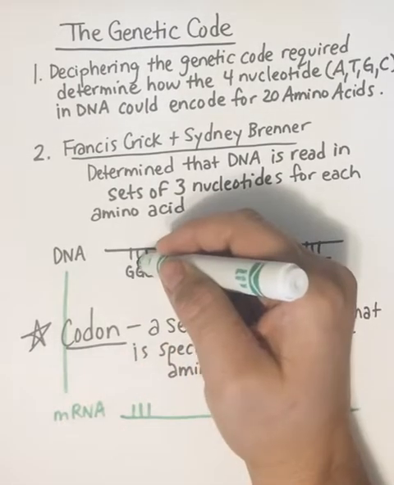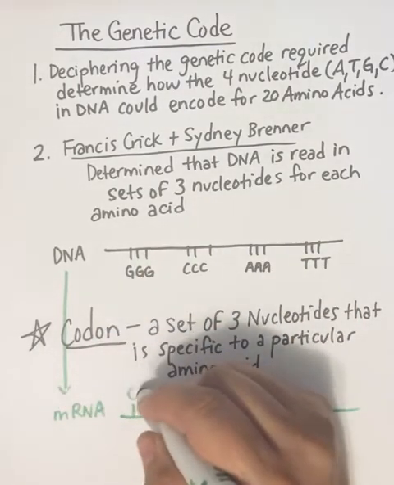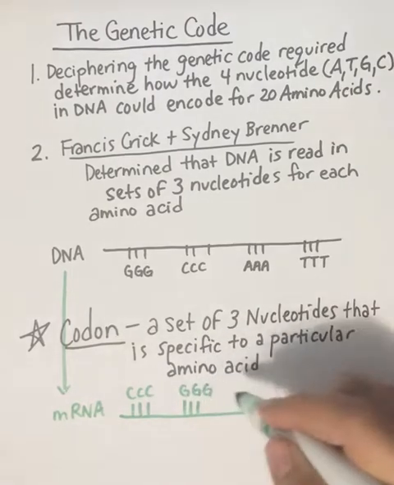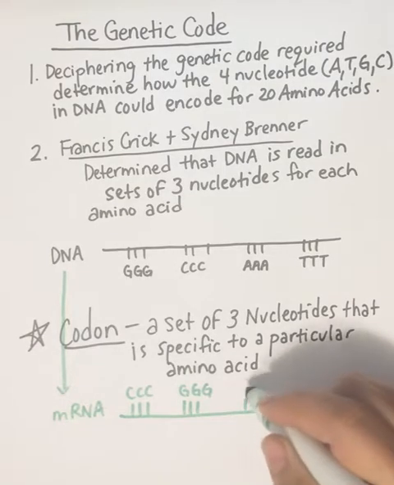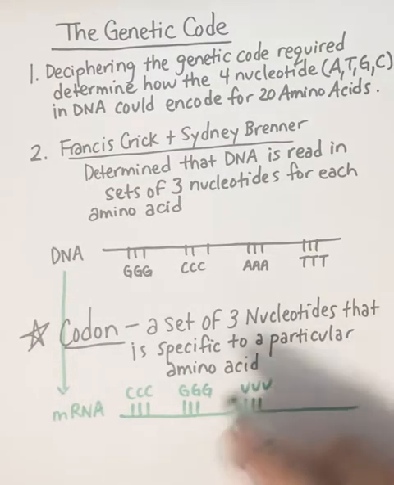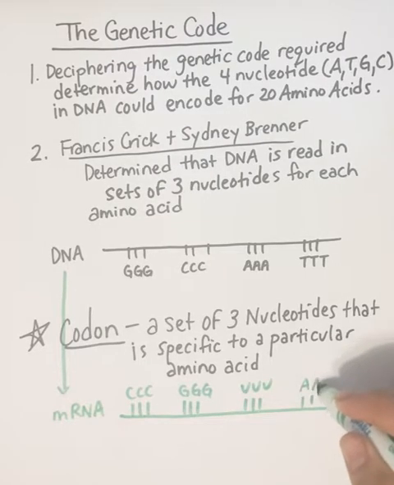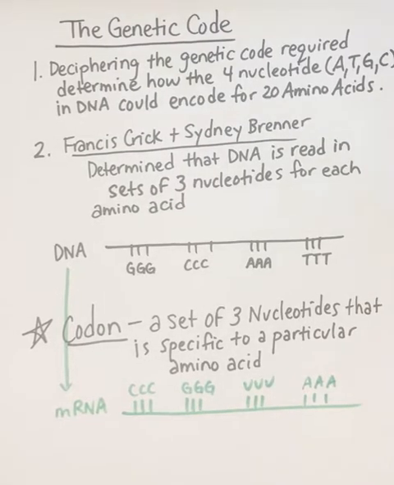These are complementary to the DNA. So CCC, GGG, U, because there's no T's in RNA, and A. These are also called codons. So the next scientist had to figure out basically the RNA sequences and which amino acids that they code for.